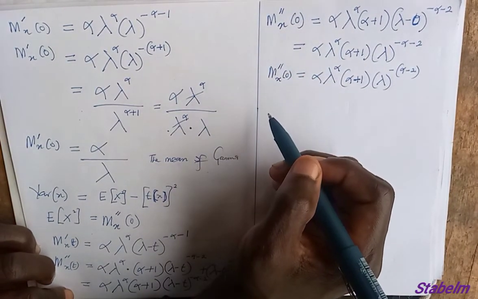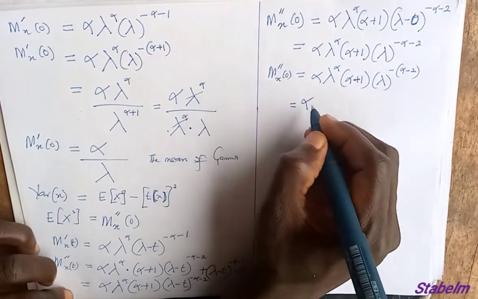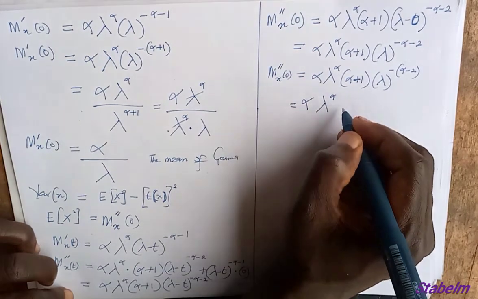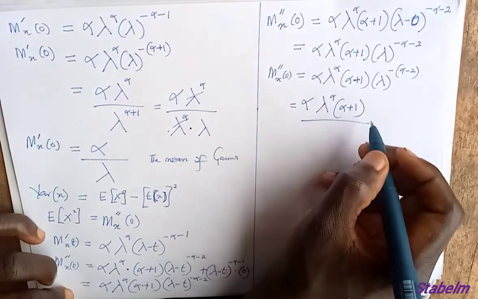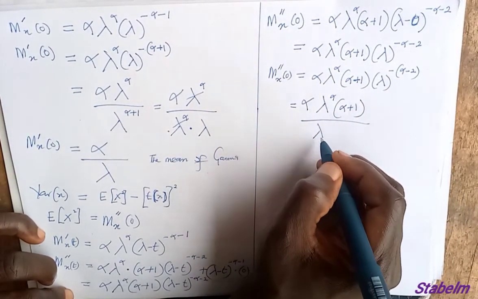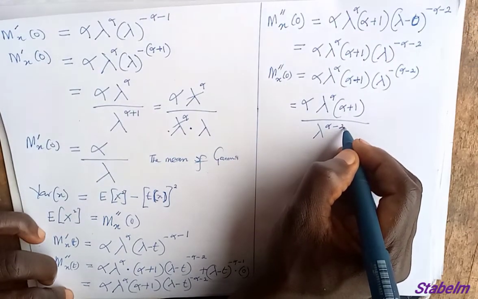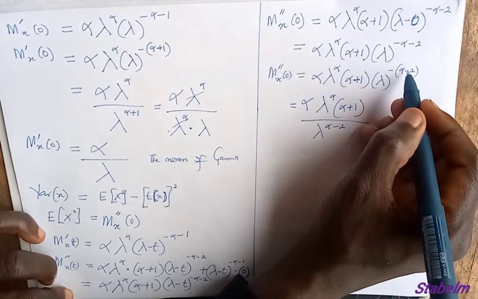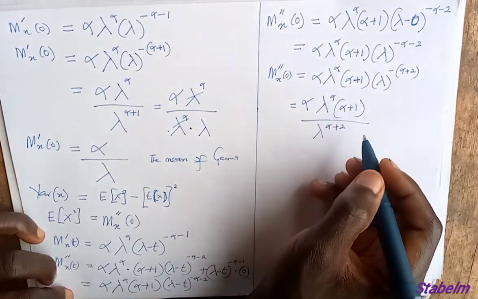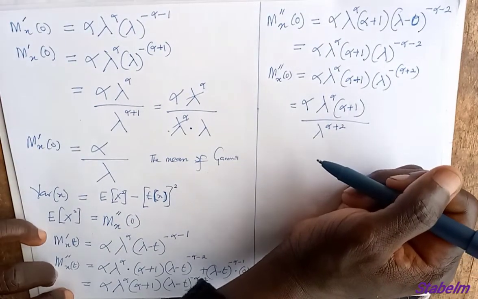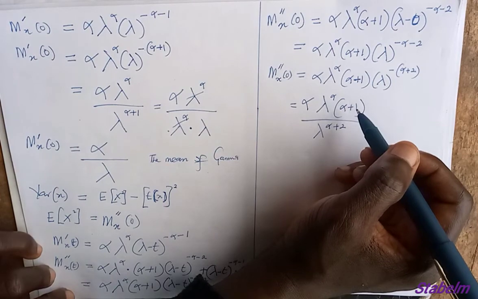And we can write this as alpha lambda raised to power alpha into bracket alpha plus 1, divided by lambda raised to power alpha, then minus 2. And we should not forget that when we factorize, this is going to be positive. I made a mistake here. This is going to be positive, so we have plus 2, since we'll take it back to the denominator side.